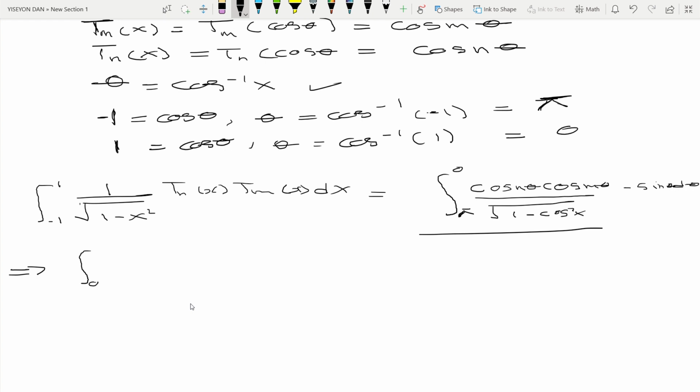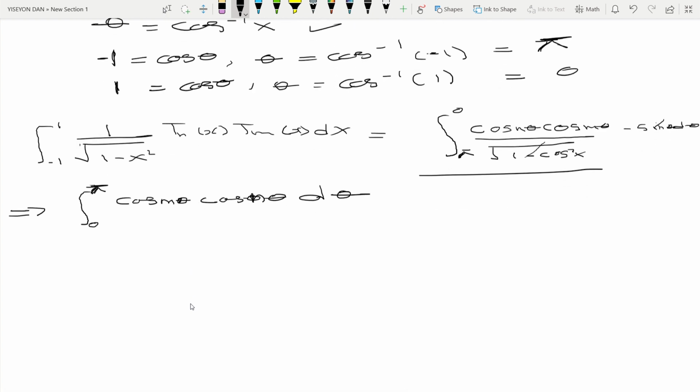So we have 0 to pi, then cos m theta cos n theta. Don't forget 1 minus cos squared theta is the same thing as sine squared theta, so its square root is sine theta. So this will cancel what we have here. So we are left with all of these but d theta. So we can go ahead and solve that.